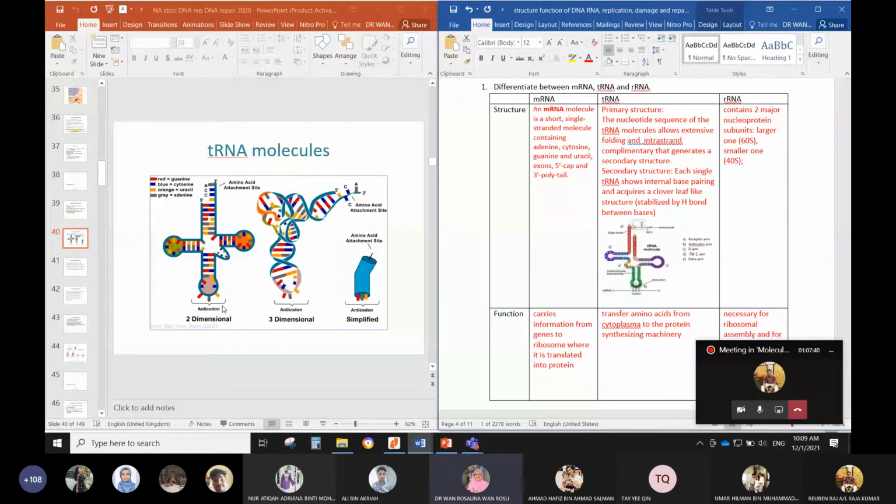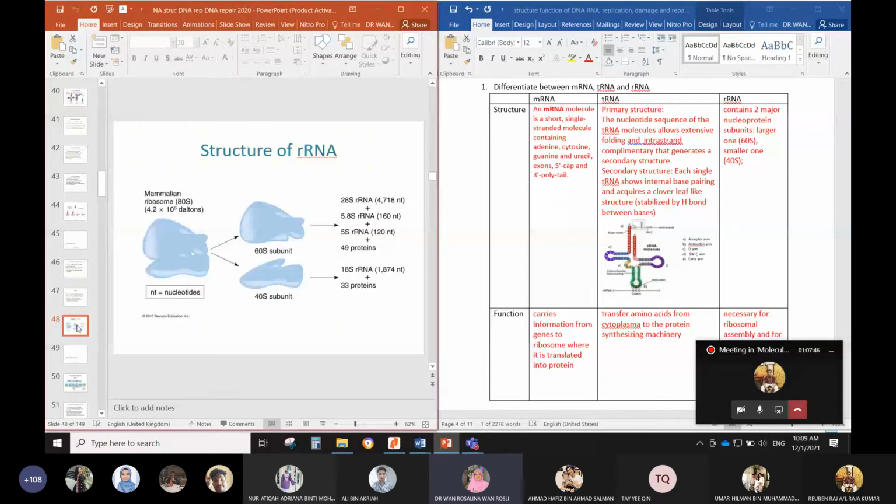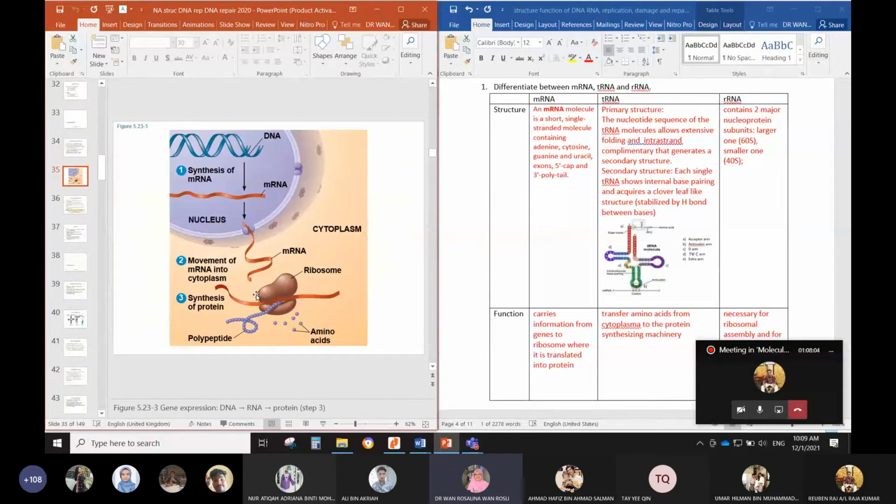And then the rRNA has two subunits. The structure has a 60S subunit and a 40S subunit, which help in the translation of the mRNA. If you look at this picture, this is your ribosome, your rRNA.